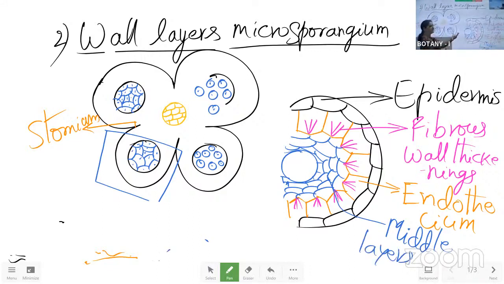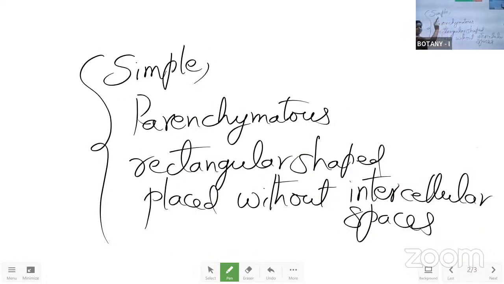Middle layers are present in between the tapetum and below the endothelial cells, and these middle layers are present in many rows, that is minimum to maximum 7. That means 2 to 7 rows of middle layers are present, and all of these are simple parenchymatous rectangular shaped cells placed without intercellular spaces. Same thing that we have written for the epidermis.